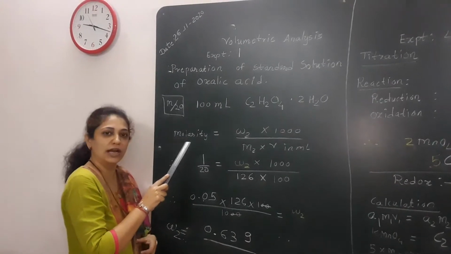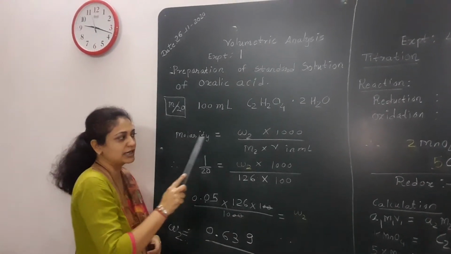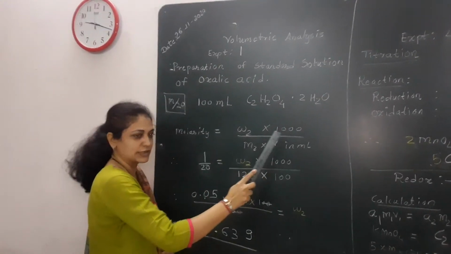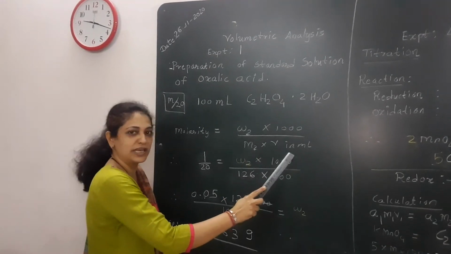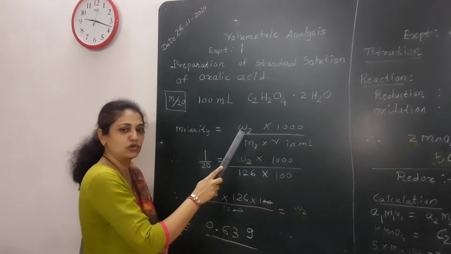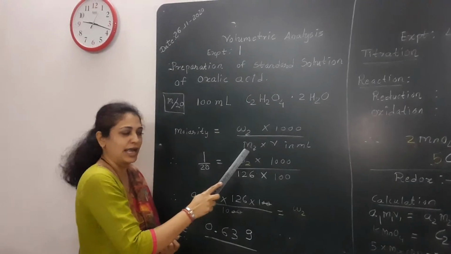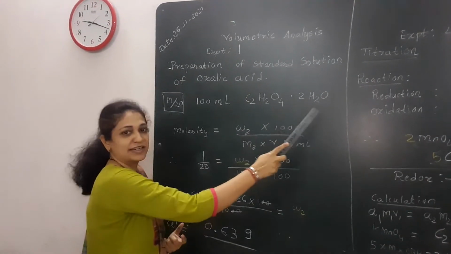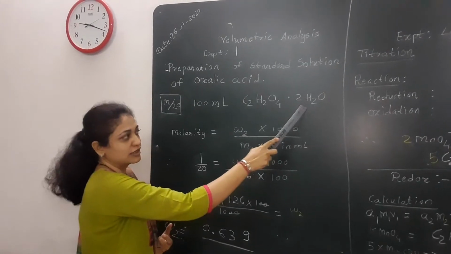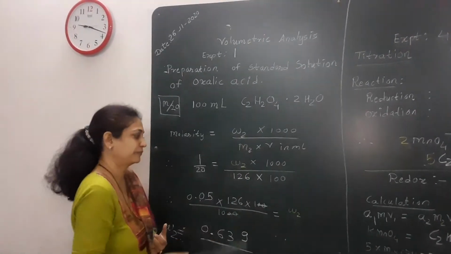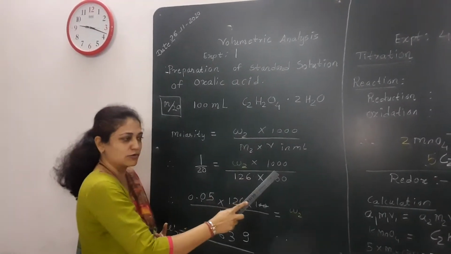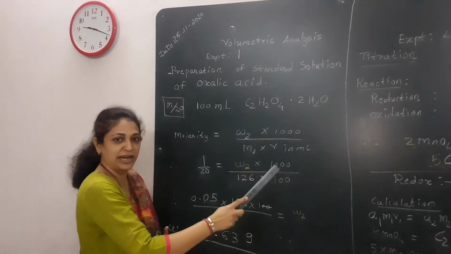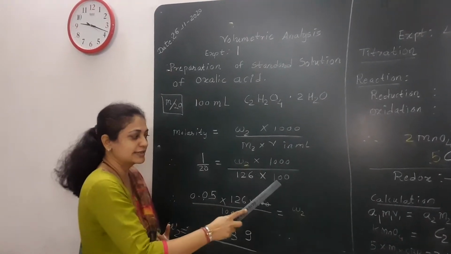So this is the molarity formula. Molarity is equal to W2 into 1000 upon M2 into V in ml, where W2 is mass to be weighed, M2 is molar mass of oxalic acid, which is 126. We have also considered molar mass of water in it. 1000 is a dimensional analysis factor. V is 100 ml.